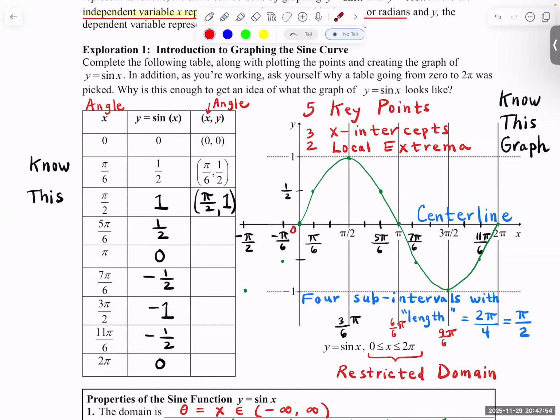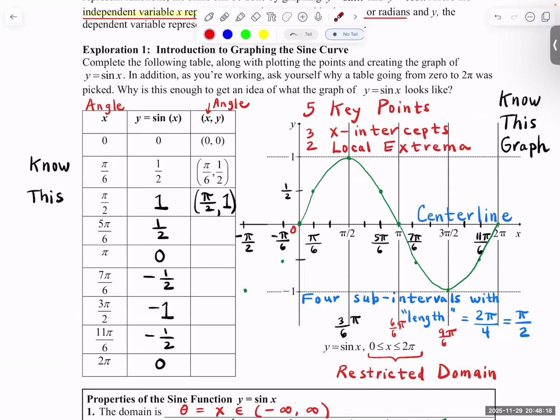So this is one cycle of the sine function from 0 to 2 pi. The x-axis can be called the center line or midline of the graph.